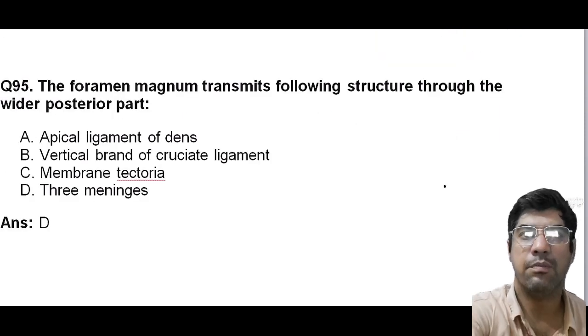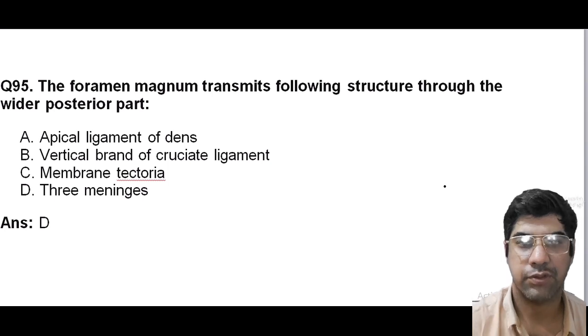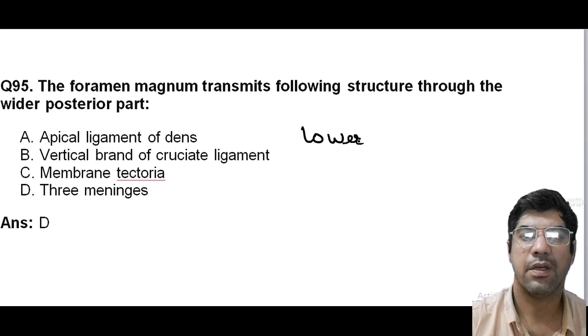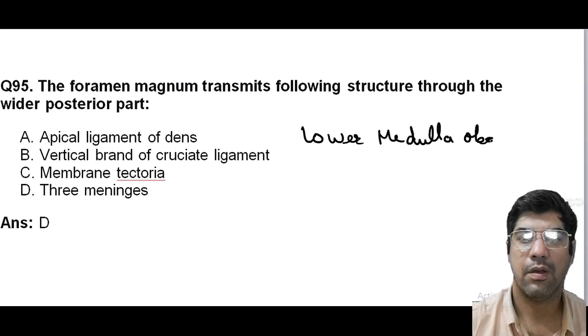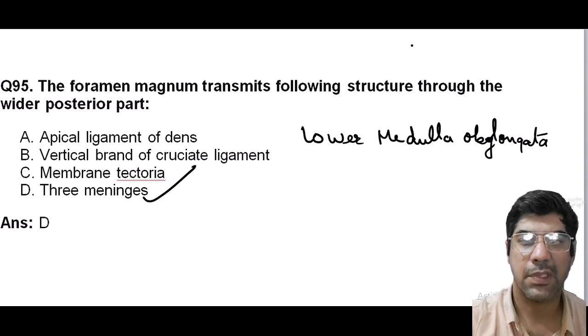The foramen magnum transmits the following structures through the wider posterior region: the lower part of the medulla oblongata and three meninges.